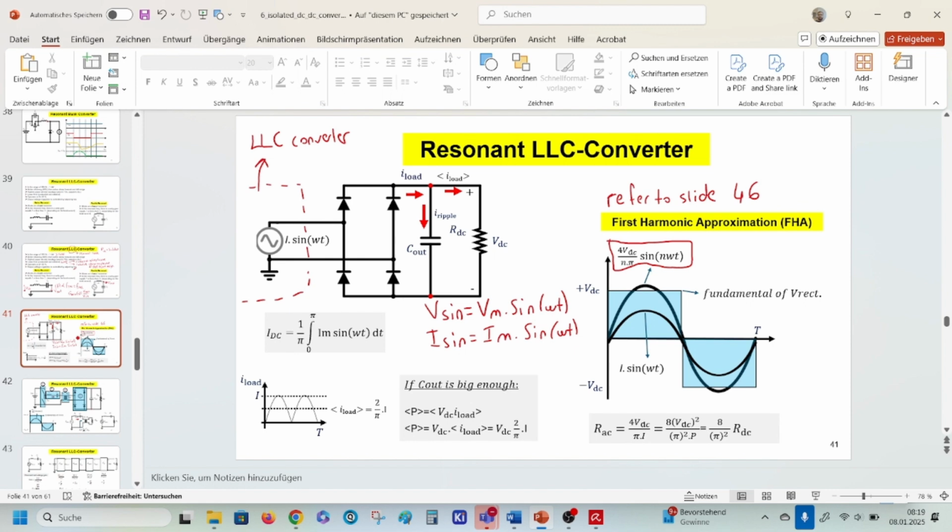And the net impedance of my source would be Vmax divided by Imax.